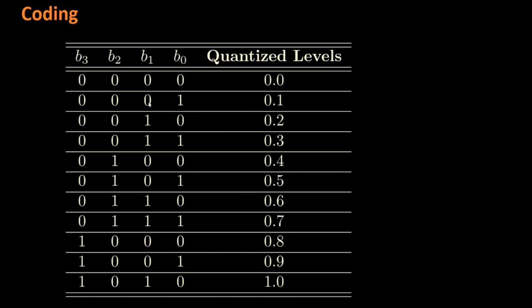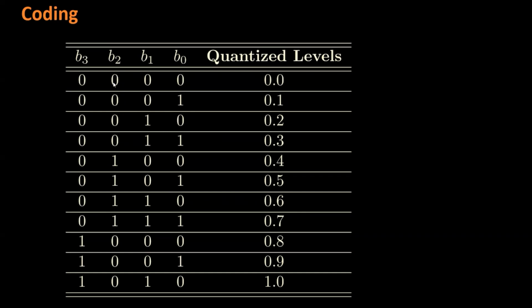Similarly, if the quantized signal has an amplitude of 0.6, then its corresponding binary code is 0110. So, coding converts the quantized signal into a proper digital signal because we know that binary values are what computers can read and process. This is how we transform the quantized signal into a digital representation.